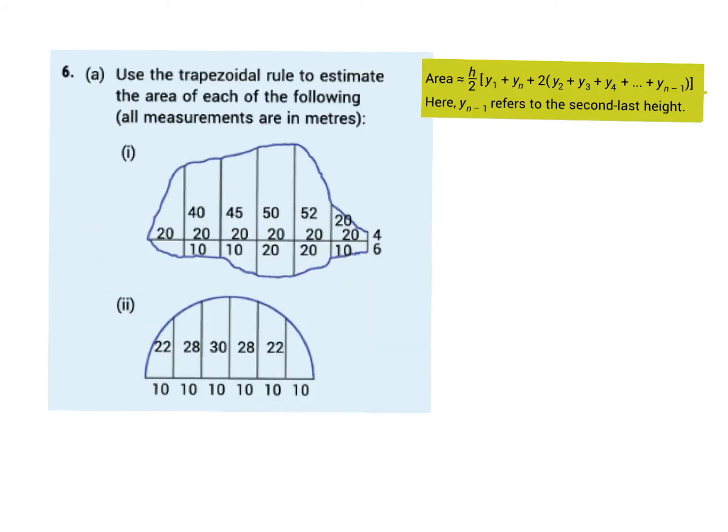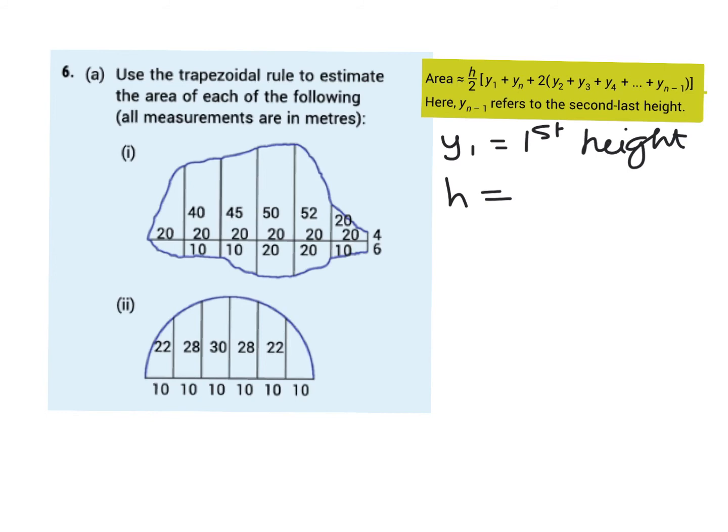Okay, so for the question on the trapezoidal rule, first of all, just to give a quick recap here, when we look at this formula, which is on page 12 of our log tables, y1 refers to the first height. H refers to this distance here. So just to show you, on this one it'd be 10 and on this one it'd be 20.